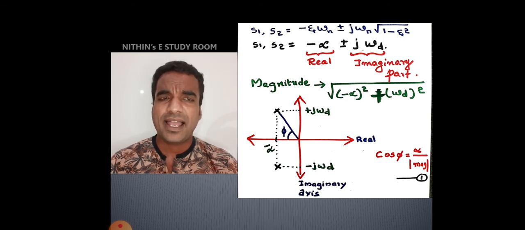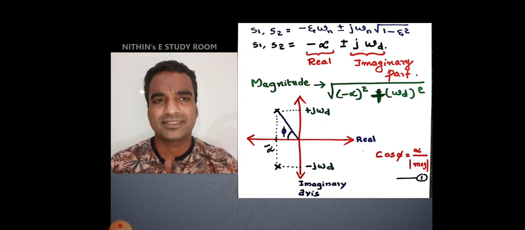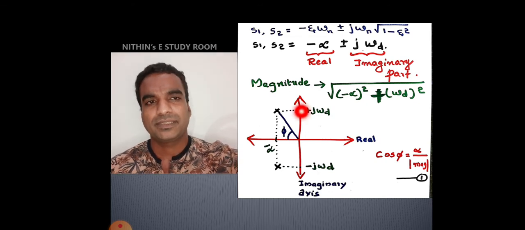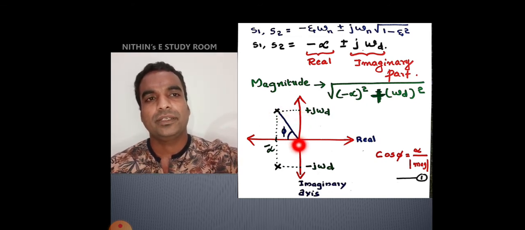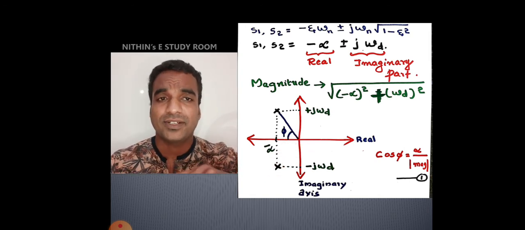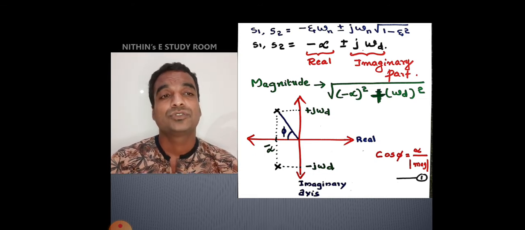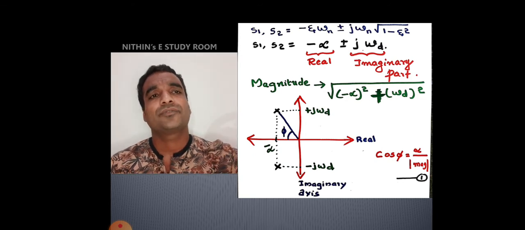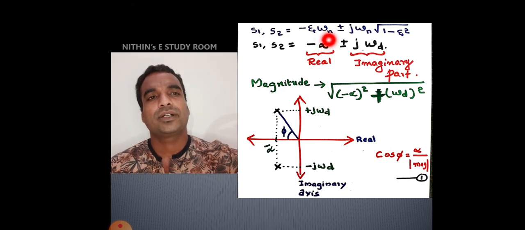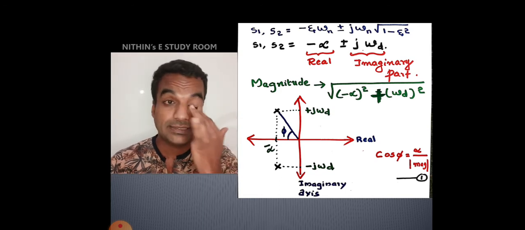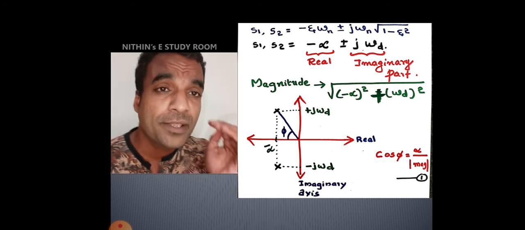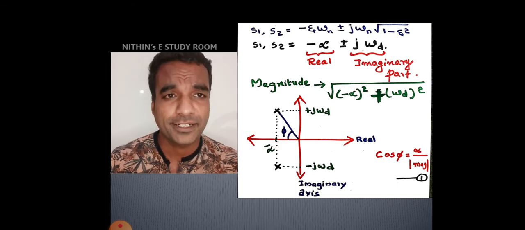For finding magnitude, these minus signs will not make any difference, because both magnitudes are the same, whether it is in the second quadrant or the third quadrant. So don't get confused about taking plus or minus here. It is just alpha square plus omega d square under a common square root, that is the magnitude.